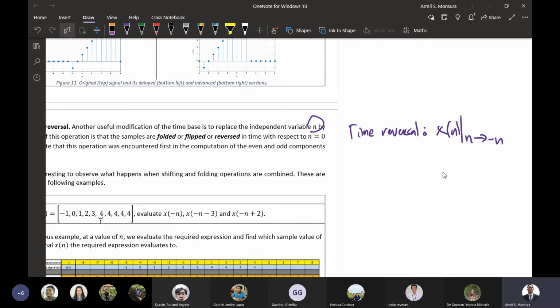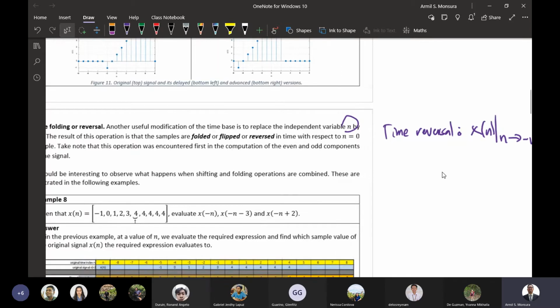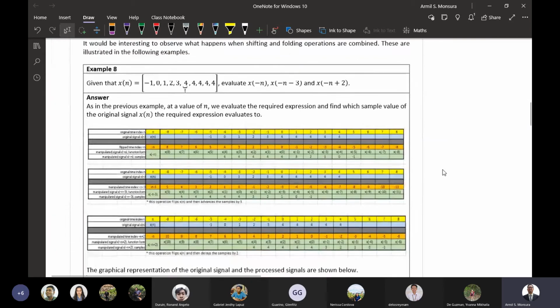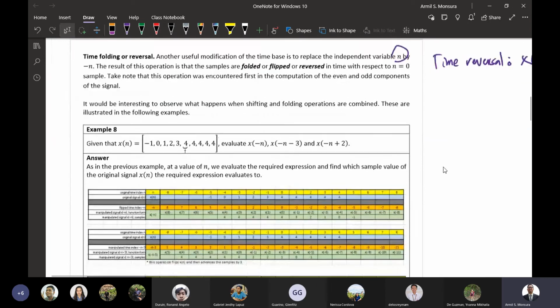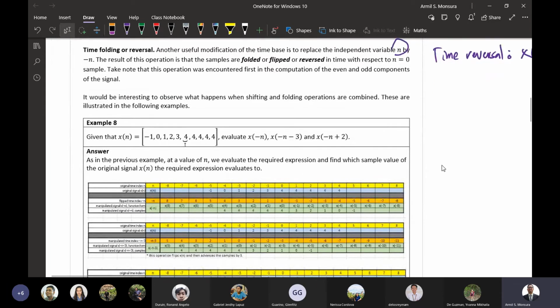Okay? So, in effect, ganito yung magiging epekto niya, no? Tingnan natin yung mangyayari kapag time reverse natin ang isang signal.